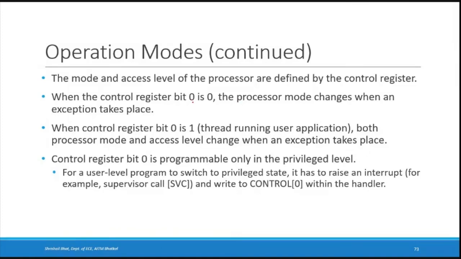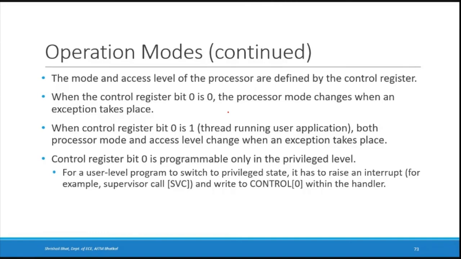Whereas when the control bit 0 is 0, if it is in the thread mode and an exception takes place, it will only change the processor mode, that is from thread mode to handler mode.